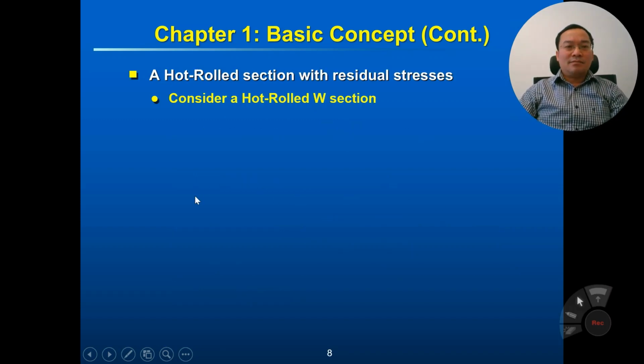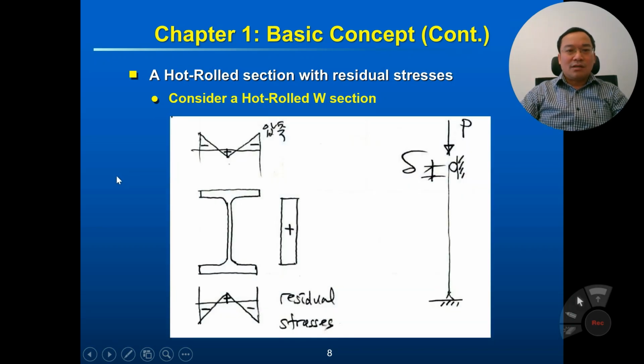The second example is a hot roll section with residual stress. Let's consider a hot roll section like this.